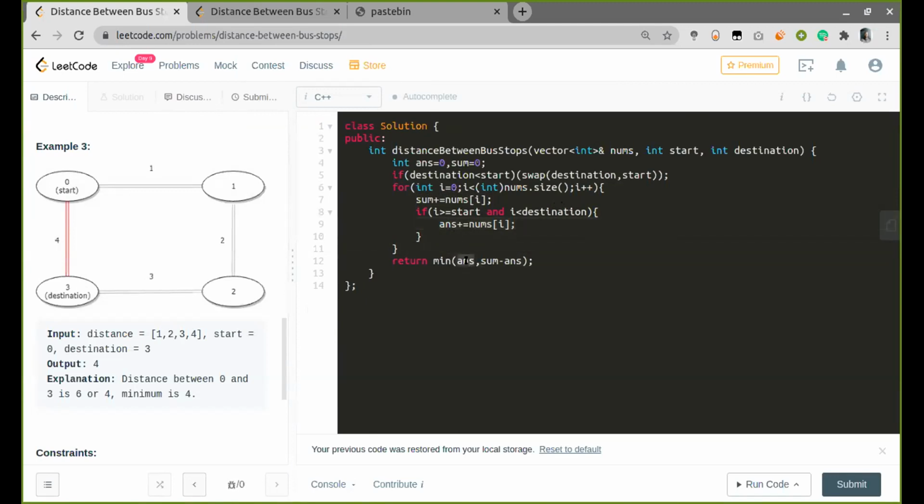So it's answer and total sum minus answer. Like in this example, 1 plus 2 plus 3 plus 4 will be the sum, and since 4 is one of the values in the clockwise direction, in the anti-clockwise direction it will be the whole sum minus 4, and take the minimum of both the values.